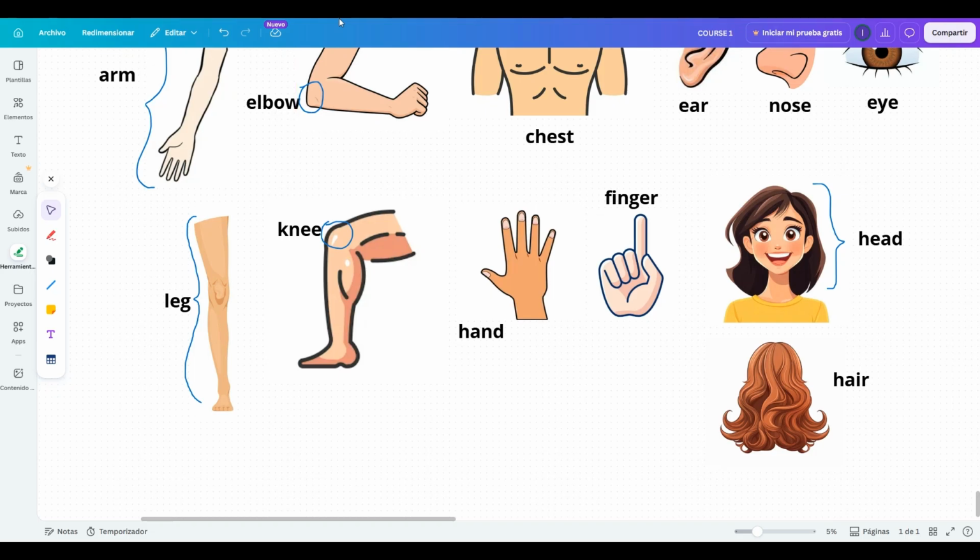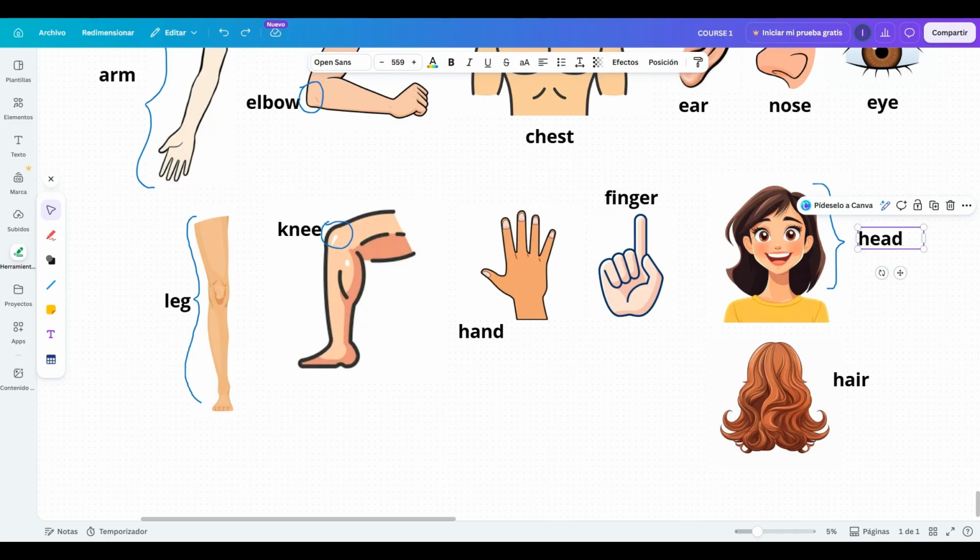Okay. What else can we see here, right? What about this one? Yes. Well, you can say face. Oh, that's specific. Cheek, right? Cheek. Yes. So that is okay.